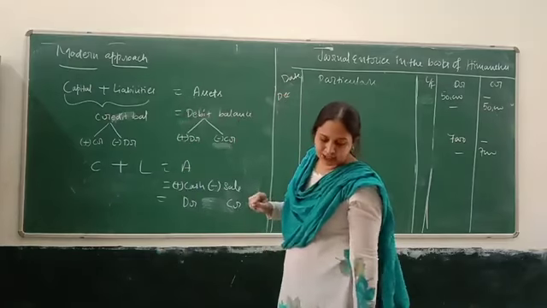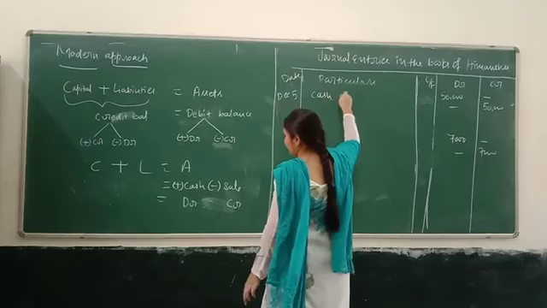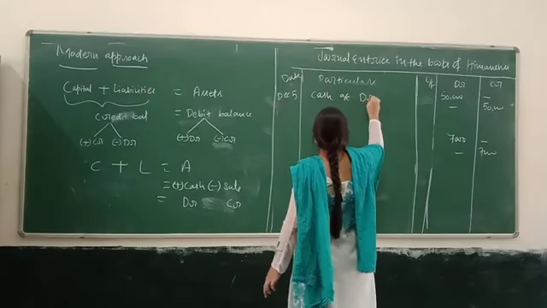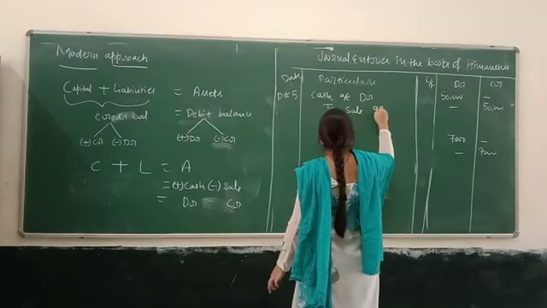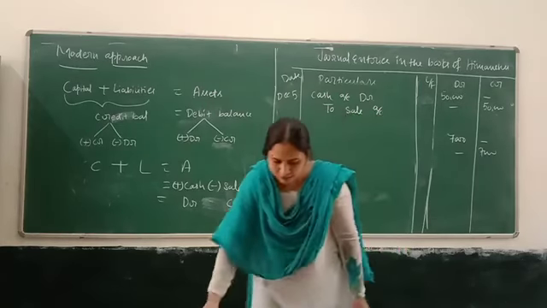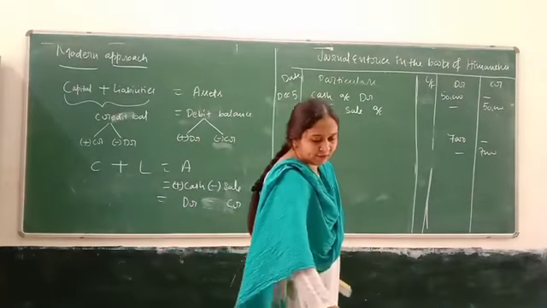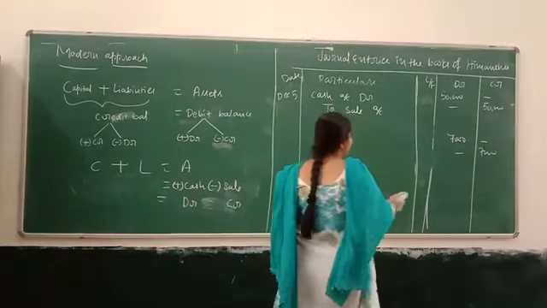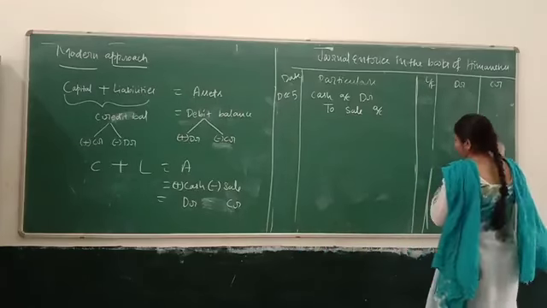December 5th. Cash account debit to sales account. How much is the amount? 5,000.